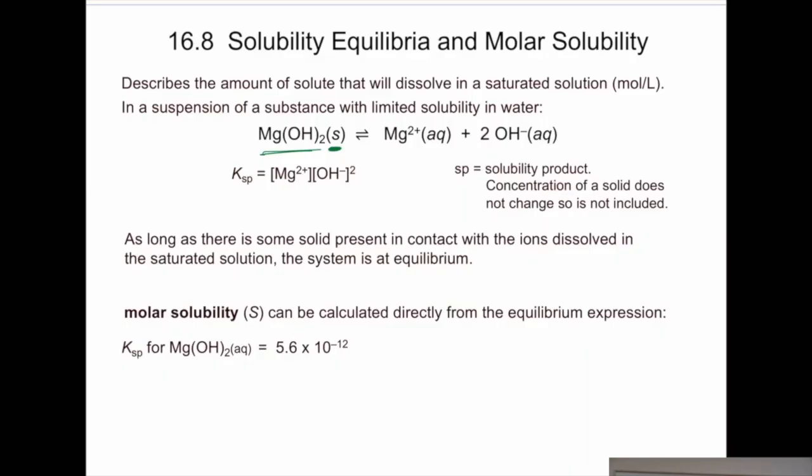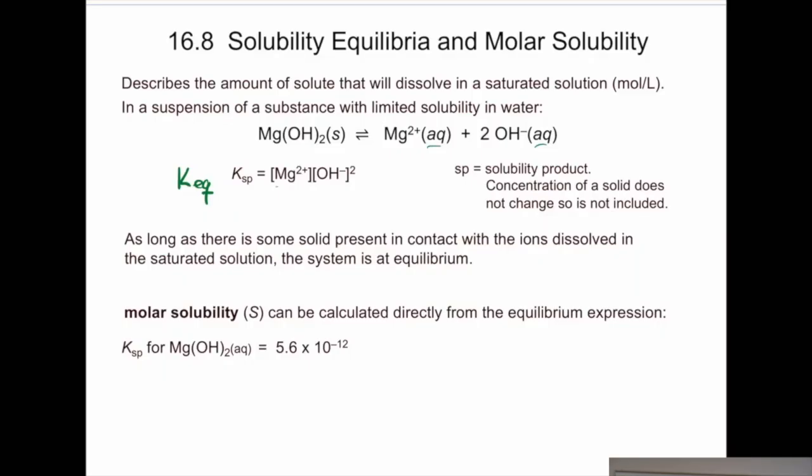So we have solid on the reactant side, and then we have the 2 ions that it dissociates into in aqueous solution when it does. And just like any equilibrium, we can write a mass action expression for that, which is the KEQ. At equilibrium, we're going to have the concentration of the products raised to their stoichiometric coefficients.